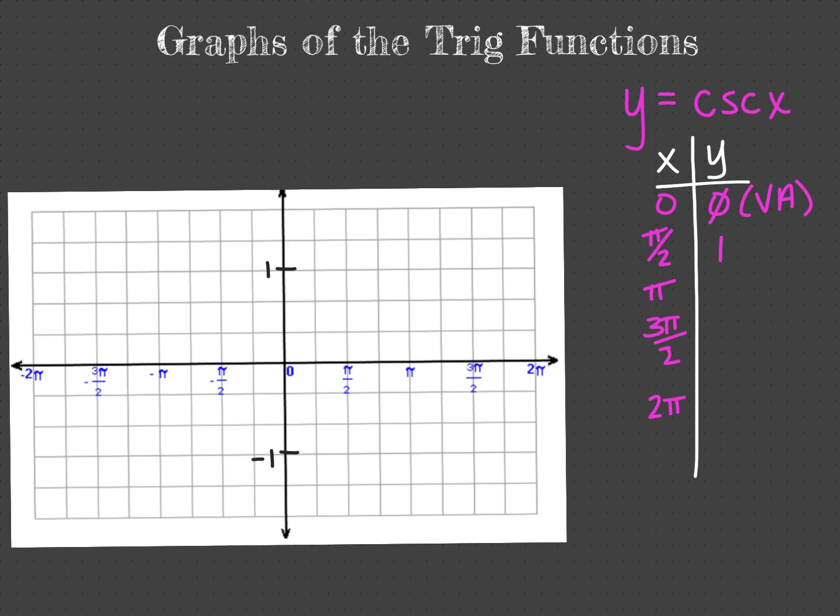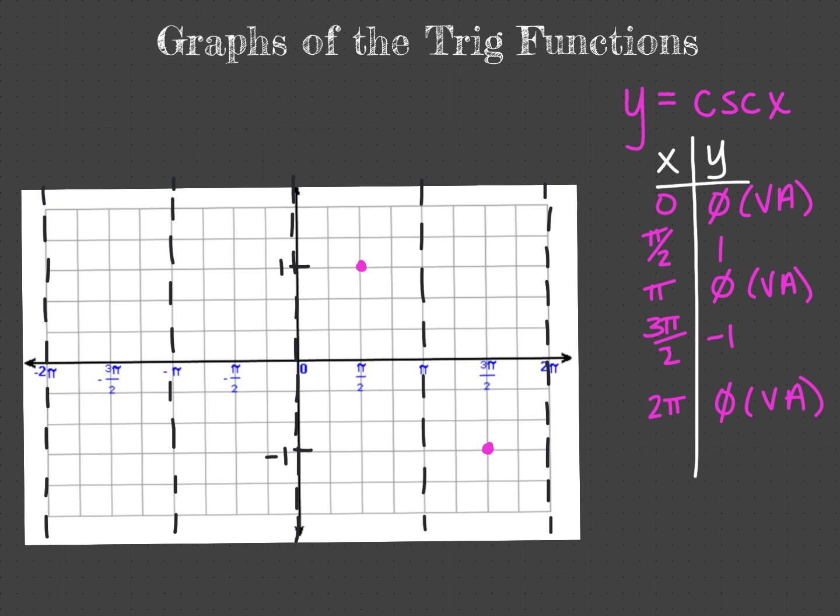At pi, our sine is again 0, and its reciprocal will result in a vertical asymptote on the graph of cosecant since it's undefined. At 3 pi over 2, our sine value is -1, and its reciprocal is also -1. So the cosecant at 3 pi over 2 is -1, and at 2 pi, again, our cosecant is undefined, causing a vertical asymptote. Let's put this on the graph.